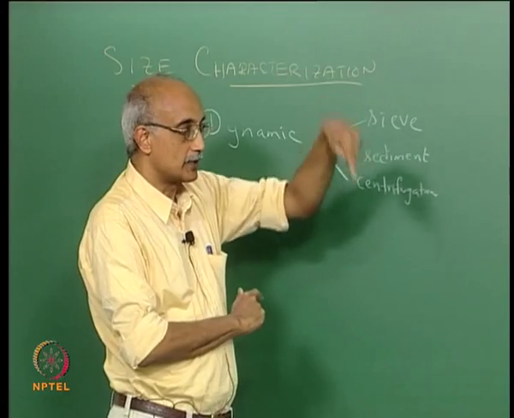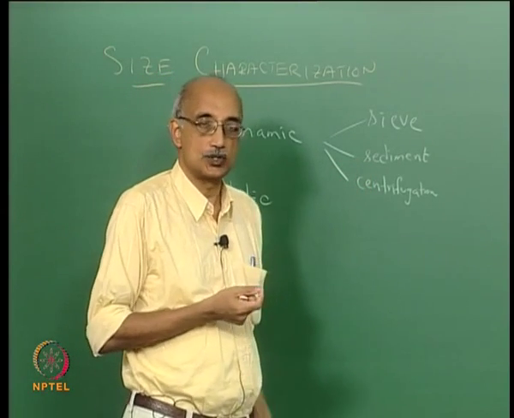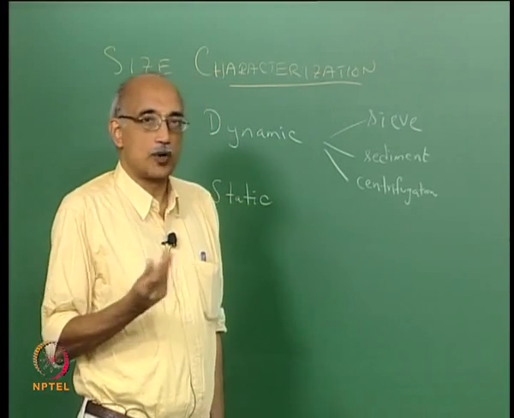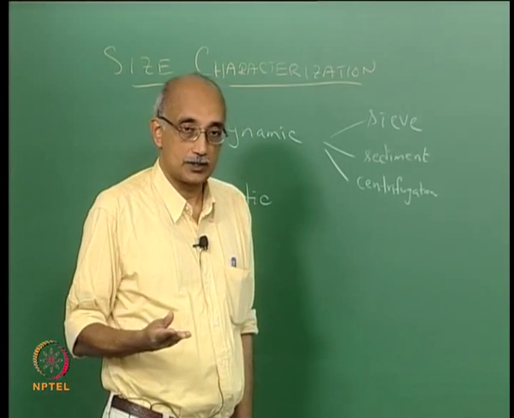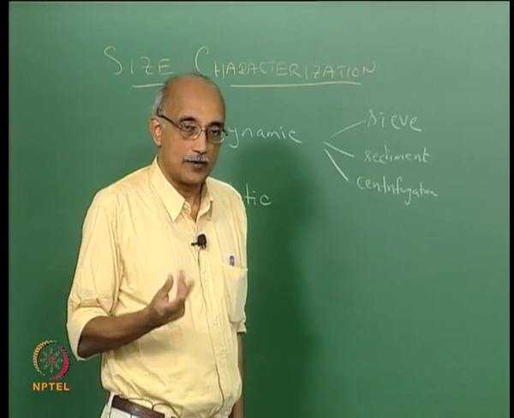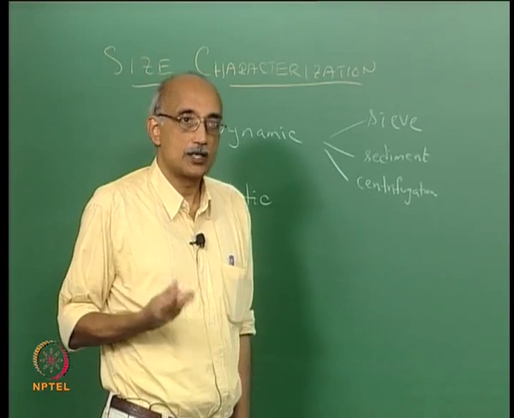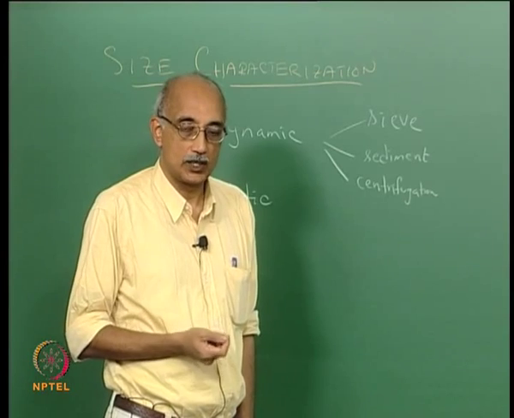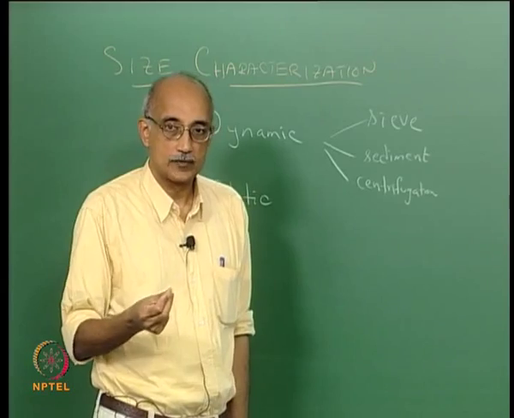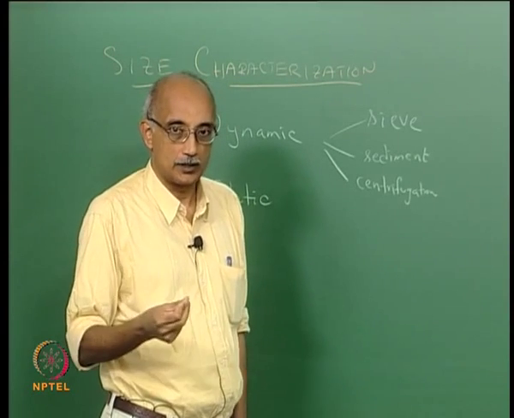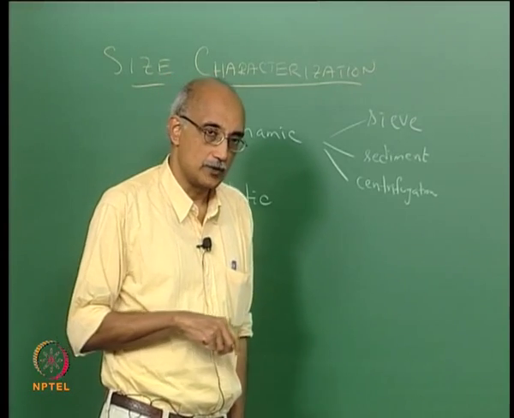So, depending on if it comes like this or like this, it may get caught or not caught. So, the shape distribution becomes more of a probabilistic measure, and so what that means in a practical sense is you will have to do this statistically. You will have to take multiple samples of the same powder and do repeated sieve analysis in order to develop some confidence in the data, because the irregularity in the shape of the particles introduces an element of uncertainty or error in your analysis. So, these are some of the limitations of the sieving method.